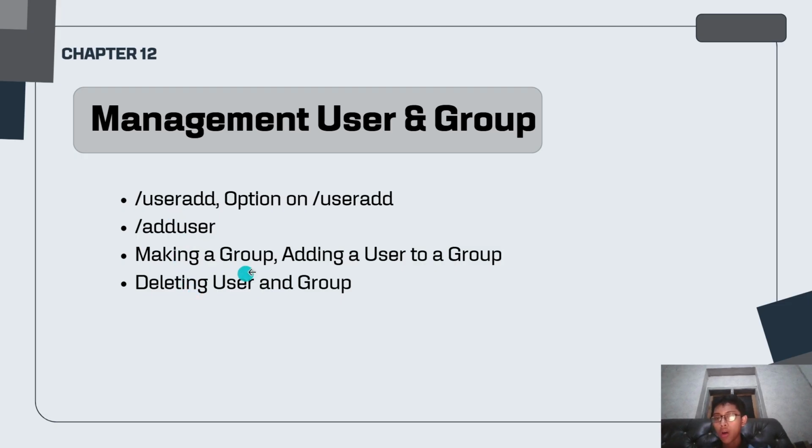And the next one, I will practice making a group. A group has the function of grouping some users. For example, I want to make a group from user 1 until 3.